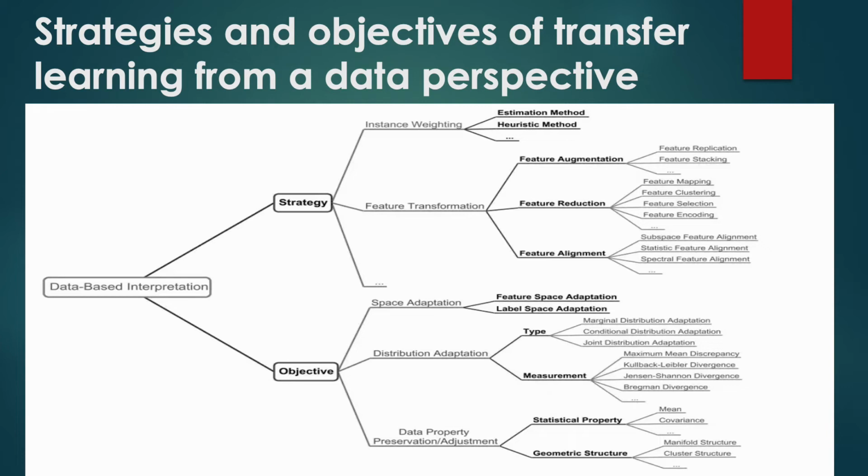So the feature transformation is further divided into three subcategories: feature augmentation, feature reduction, and feature alignment. Coming to feature augmentation, it has subcategories as feature replication and feature stacking, and they transform features by feature replication.